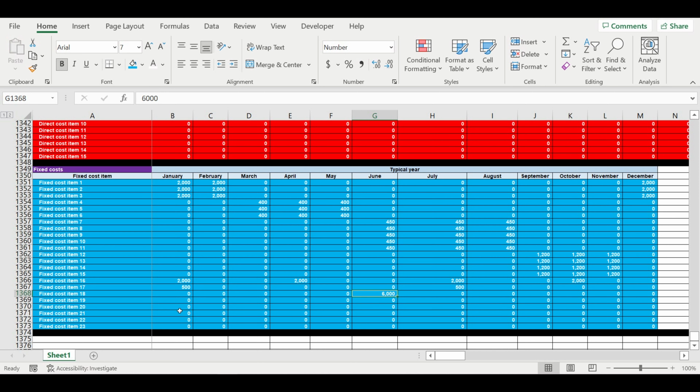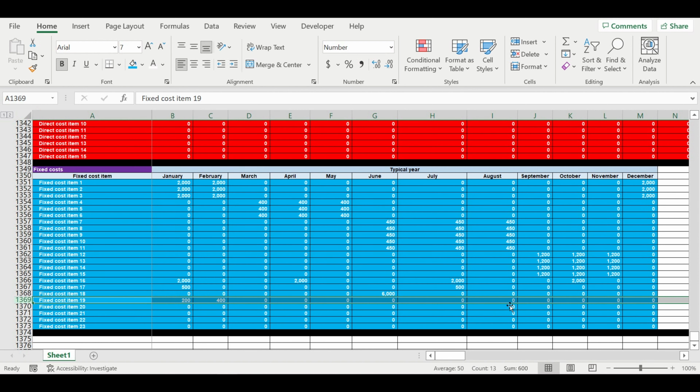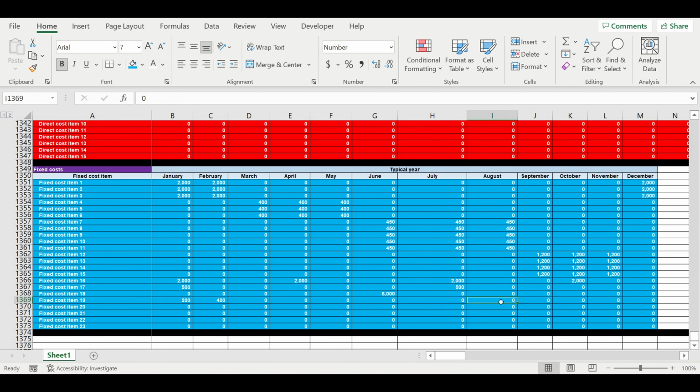Some of them may have some specific algorithm like this, and one payment, for example, here, like this. Some of them may have constant values like this.